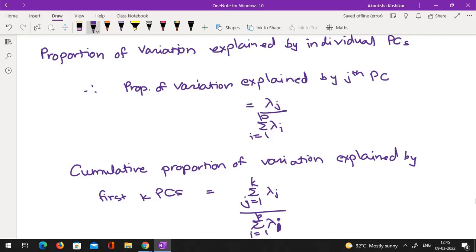That is the variation explained by those first k PCs divided by total variation.